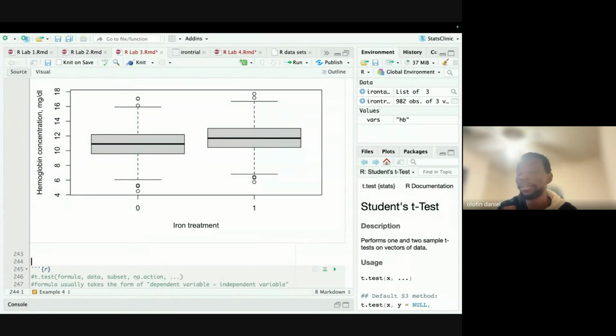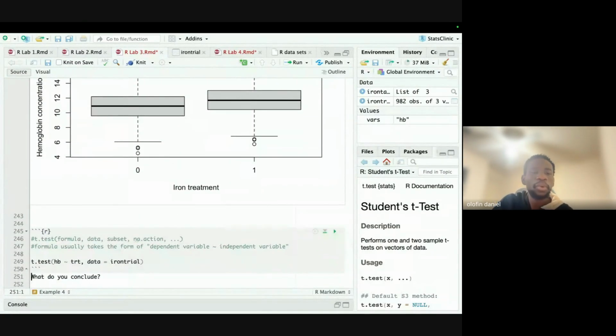We are still going to use our t.test, because that's the standard approach for comparing two groups.